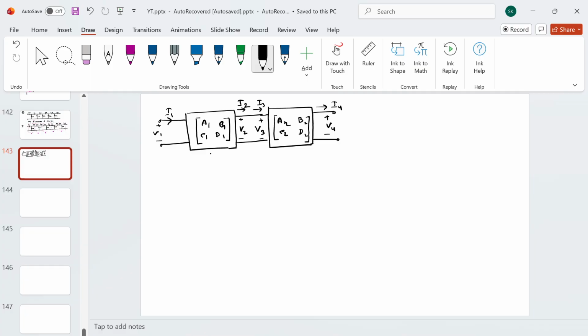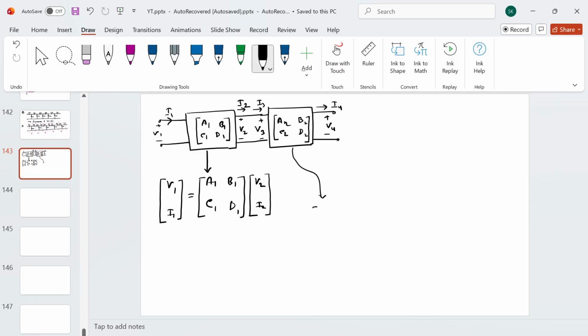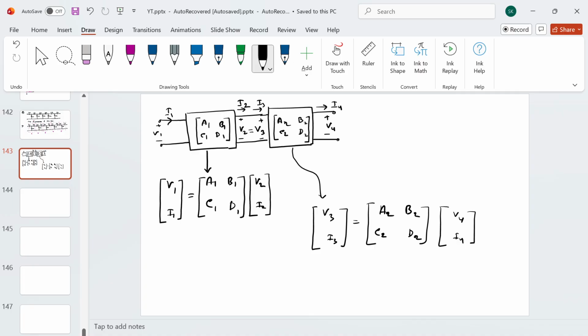If I write the ABCD parameter relationship here, V1, I1 is equal to the matrix A1, B1, C1, D1 times V2, I2. For the second network, V3, I3 is equal to A2, B2, C2, D2 times V4, I4. And again, V2 and V3 are the same, and I2 and I3 are the same.